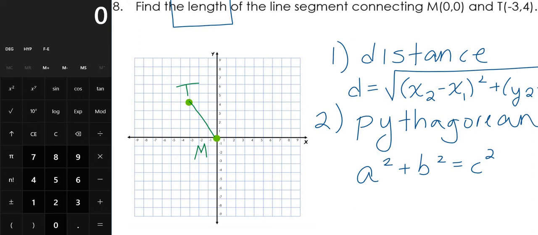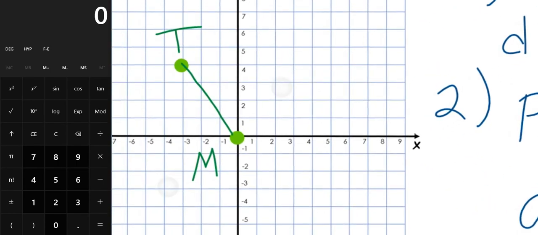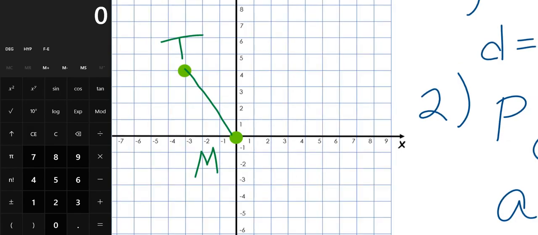The way that you're going to do it if you're using Pythagorean Theorem is you're going to create a right triangle, because Pythagorean Theorem is only used with right triangles. To create the right triangle, we can go to the right and down, or we can go down and to the right. But your goal is to create that right triangle.